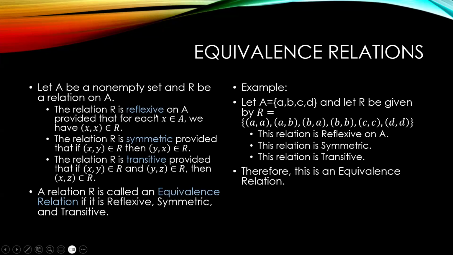Then the relation R is reflexive on A, provided that for every x, we have (x, x) is a part of our relation. So we have to have the value and itself included in our relation.